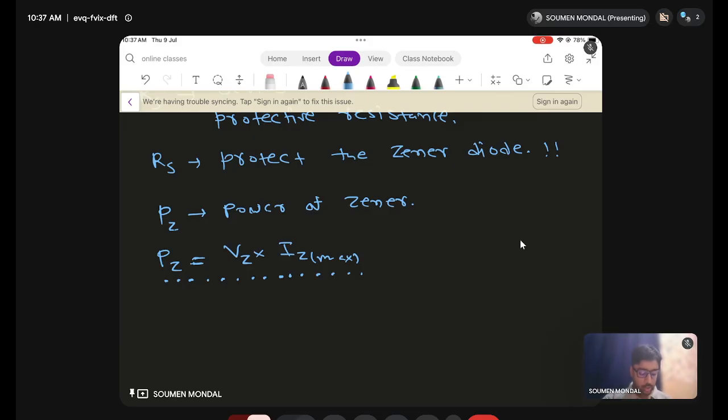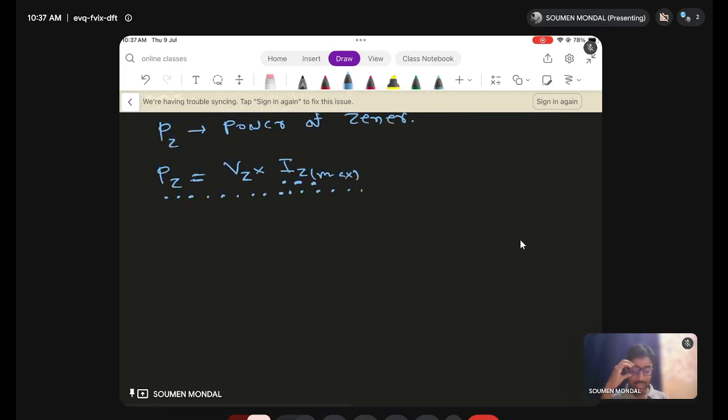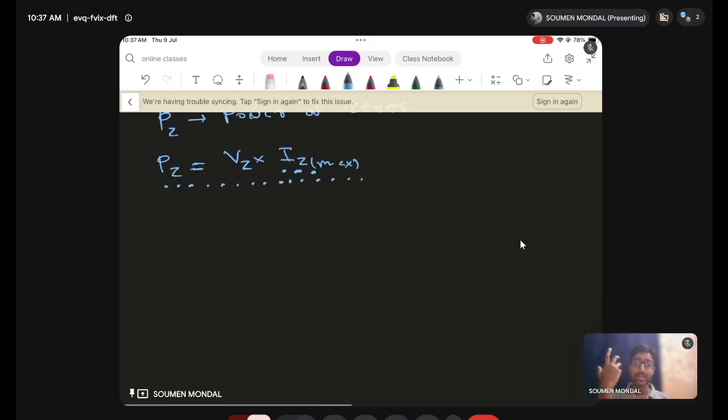Anyway, the purpose of this RS is actually to maintain this Iz. So now let me calculate the scenario where Zener breakdown occurs, and what should be the minimum value of RS.